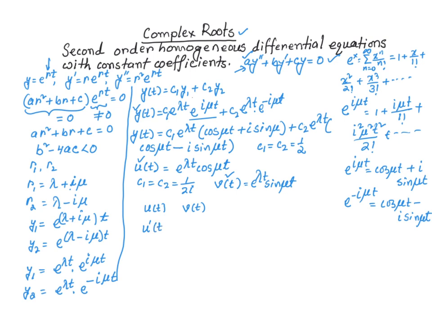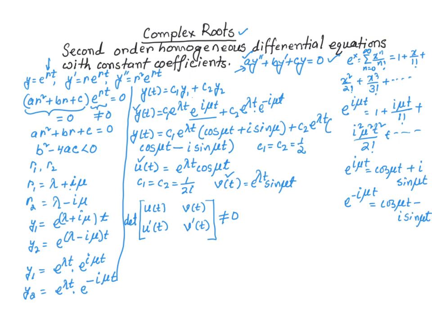You find U of t, U prime of t, V of t, V prime of t, and take the determinant of it. That's the Wronskian. If the determinant is non-zero, then these two are independent solutions. If you do the calculation, the Wronskian is going to be non-zero.